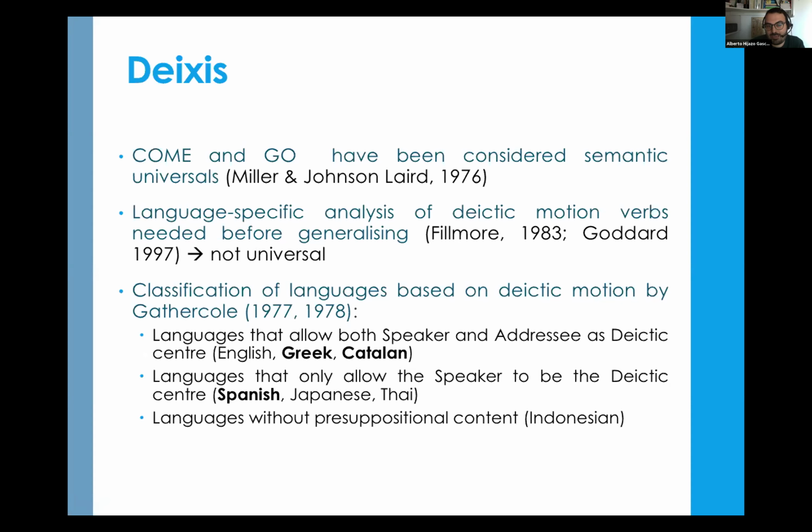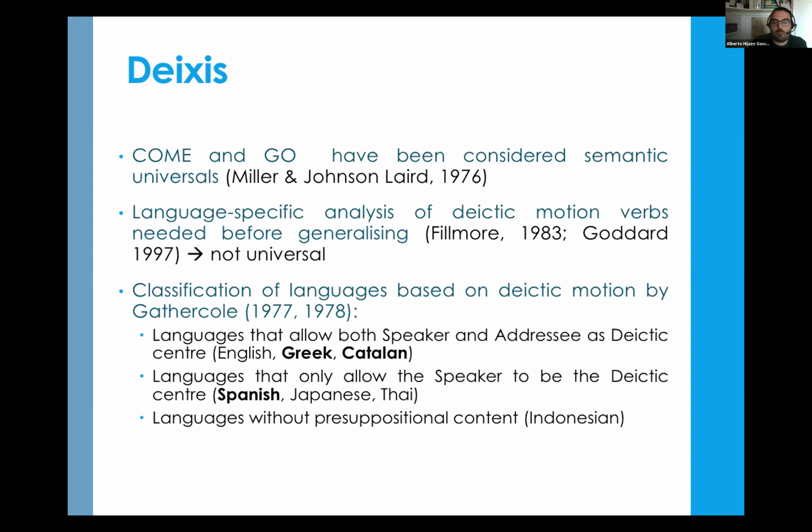In fact, one of the important classifications is by Gathercole, and what she does is classify languages depending on what is allowed to be the deictic center, that is, the goal of motion at the moment of the utterance. According to Gathercole, there are 3 types of languages.